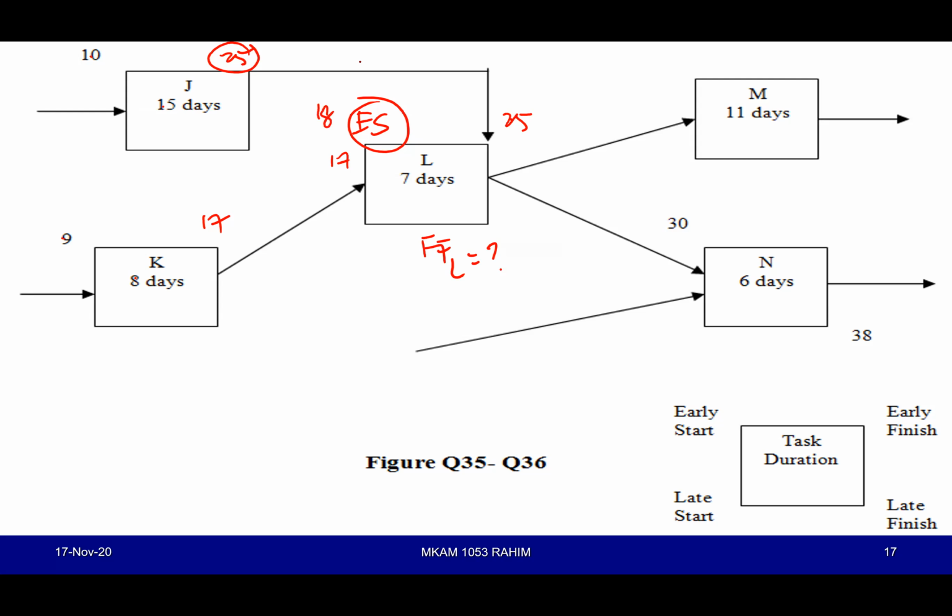So which one is the bigger value? Basically 18. 18 plus 7 is equivalent to 25, meaning this is the more dominant relationship.